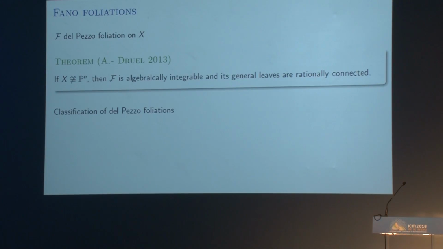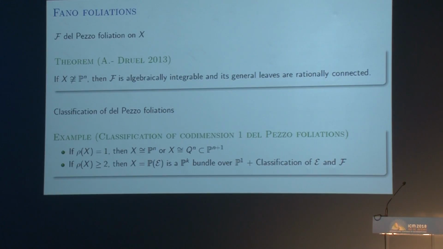And so I just want to give you a sample of the type of theorem that we proved. This is the classification of codimension 1 del Pezzo foliations.